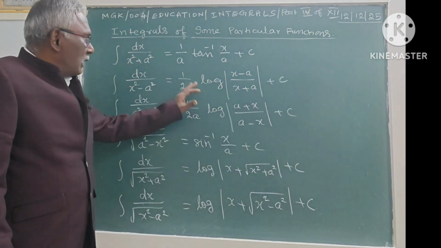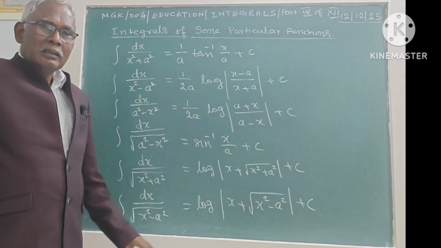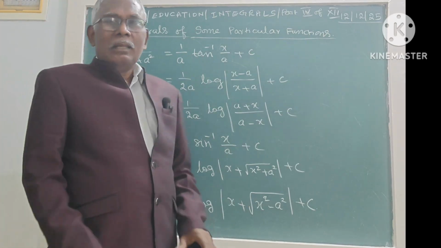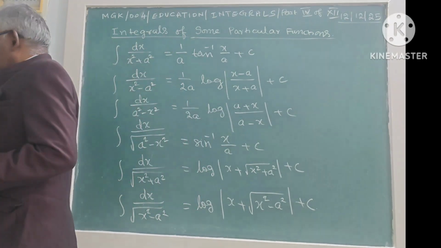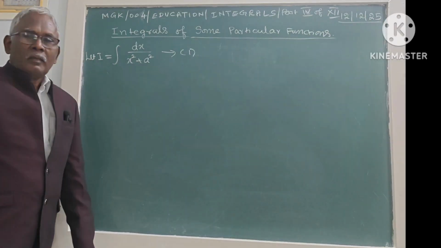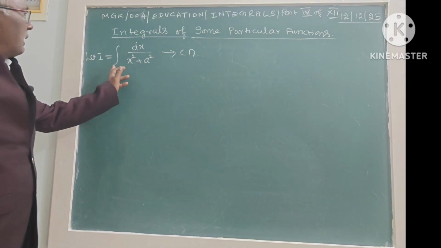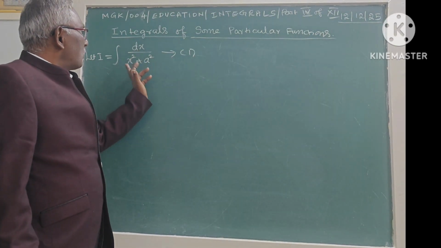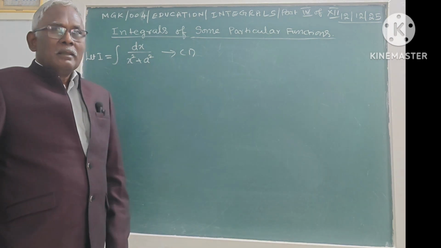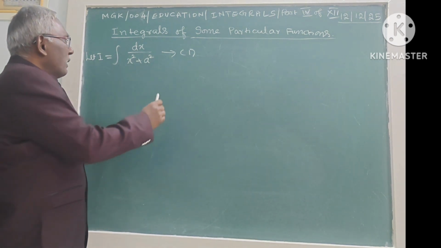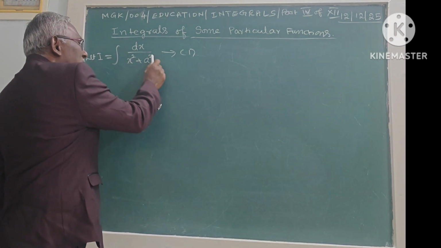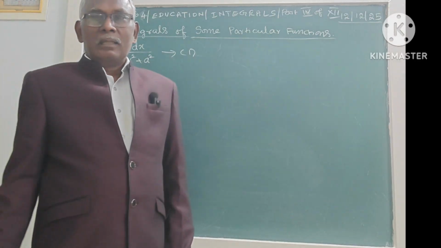Now we are going to derive all these formulas, and you have to remember all of them. In this integration, the integral of dx by x square plus a square, we have to make the denominator a single term.